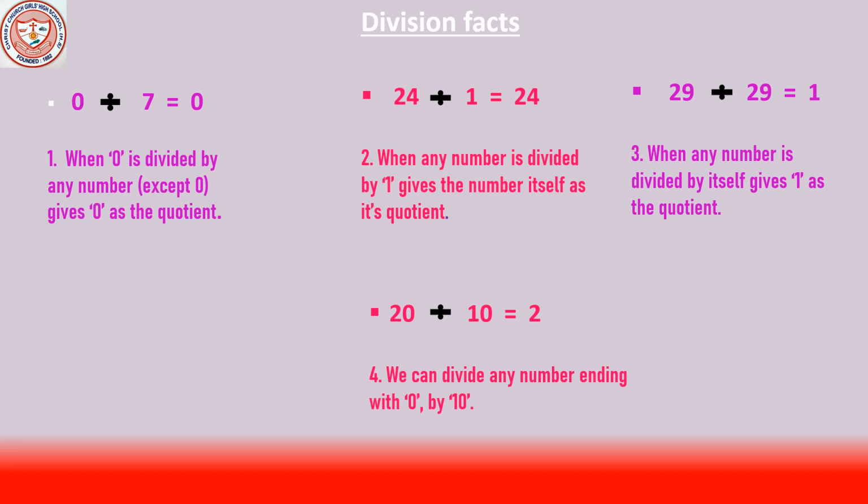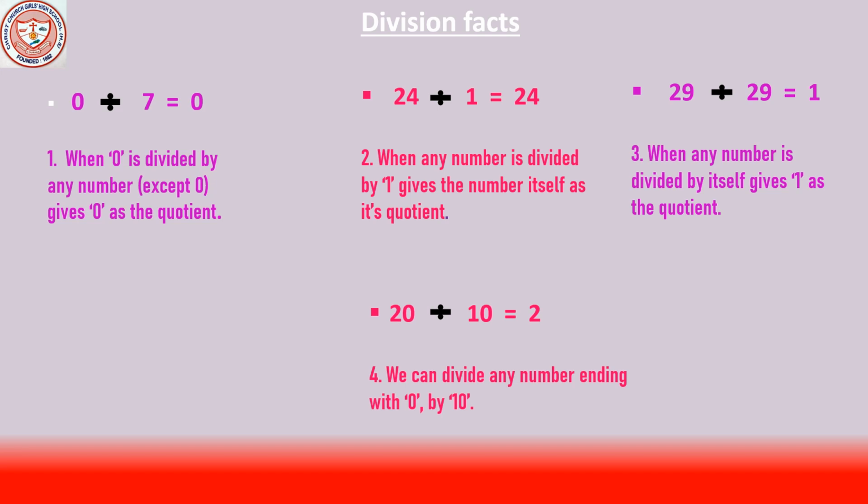Okay. Now, look at the second example. 24 divided by 1 is equal to 24. It means when any number is divided by 1, it gives the number itself as its quotient.